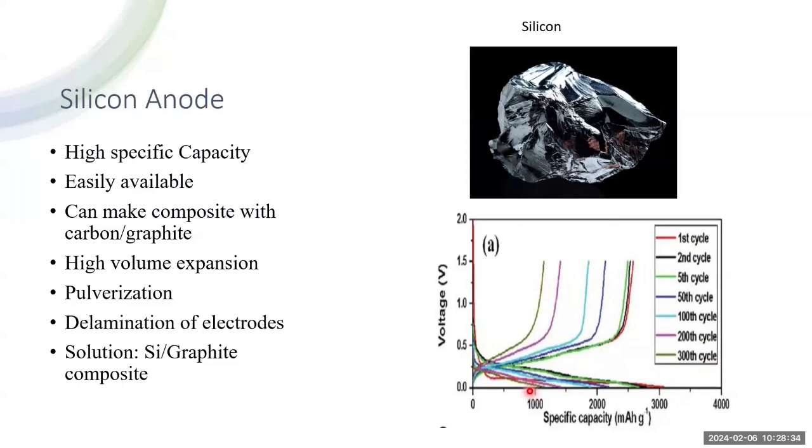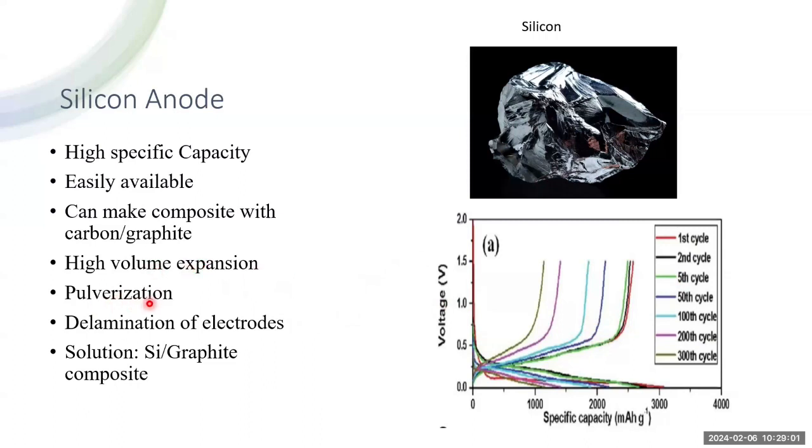That means it has very high volume expansion and pulverization. So what happens with high volume expansion? When lithium comes inside the silicon, it gets expanded, almost 400% of expansion of the silicon. That is called volume expansion.